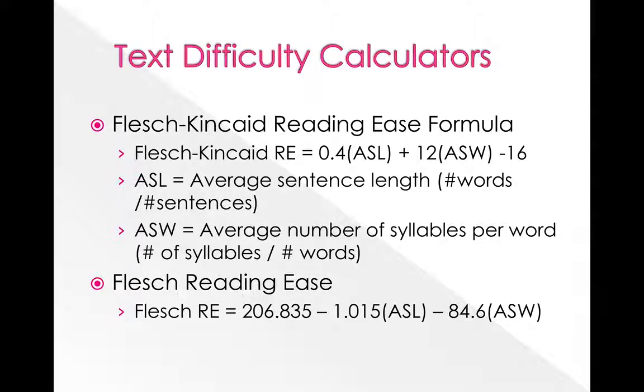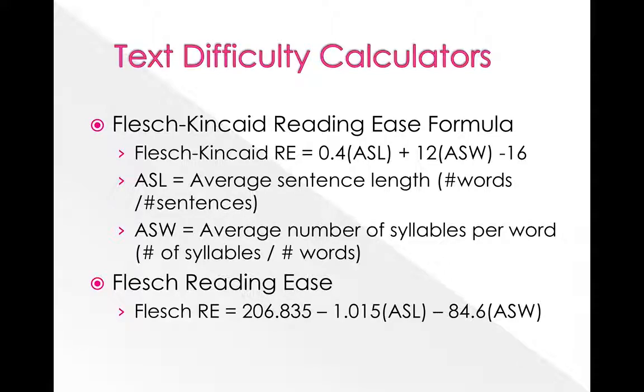The output of the Flesch-Kincaid formula is going to be a number, actually a number between 0 and 12, and that number will correspond to a particular grade level in the United States.